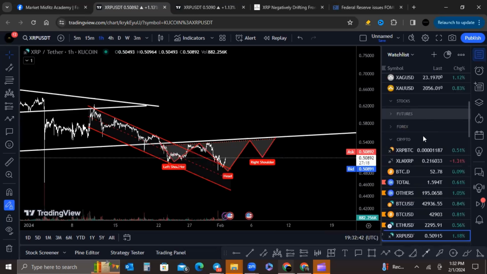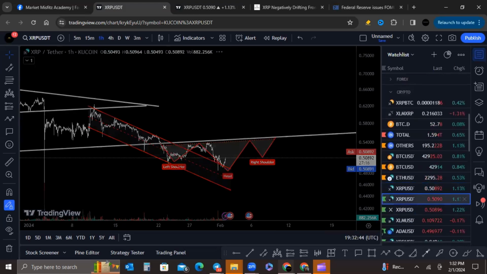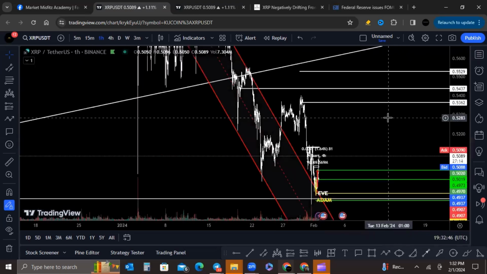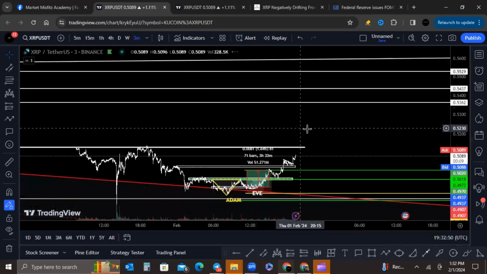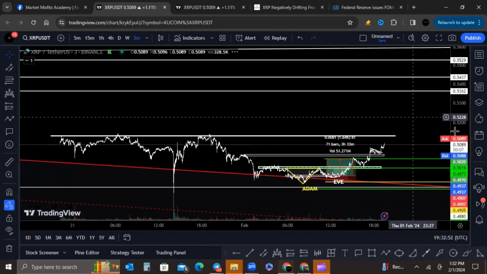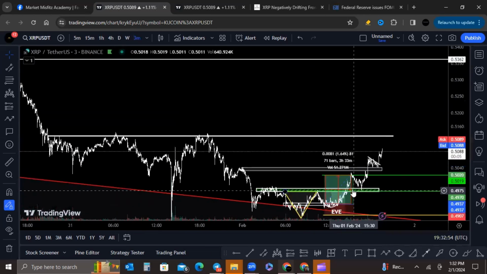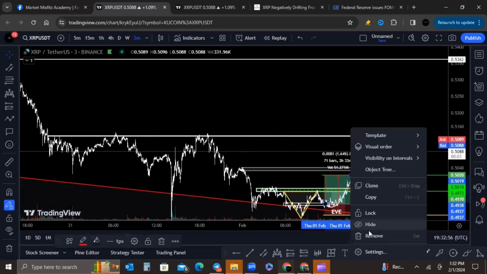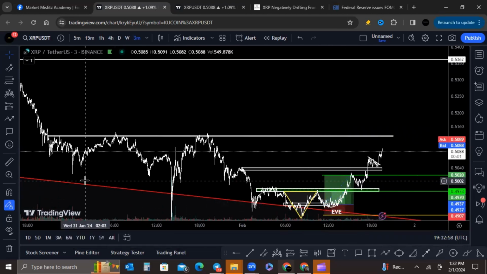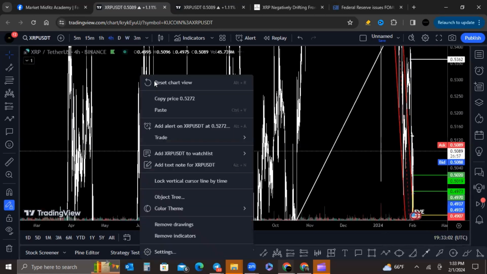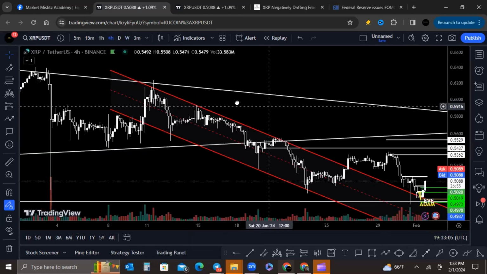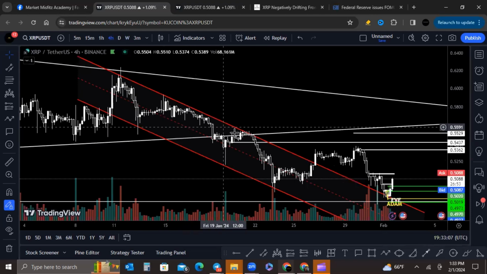Let's take a look at the smaller time frames over here. This is what we've been trading on the day. I say the 3 minute again. So we're going to look at smaller time frames here. So here's that red supporting trend. It was a resistance trend.